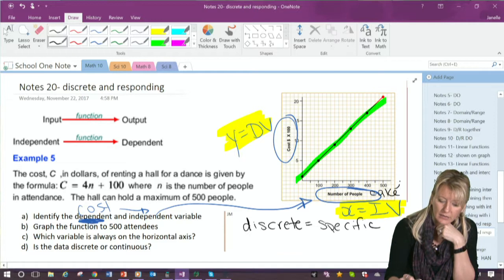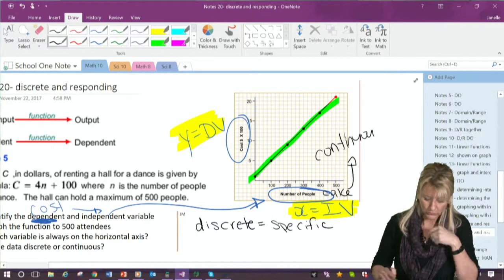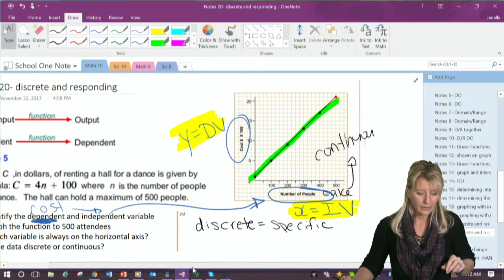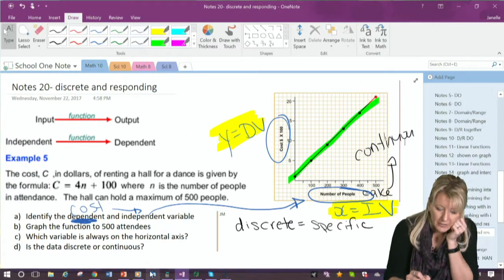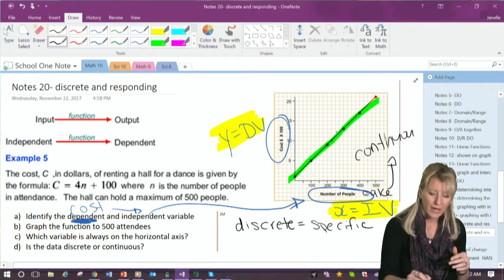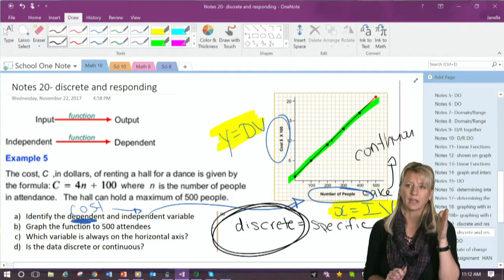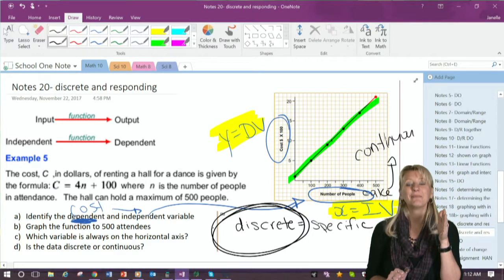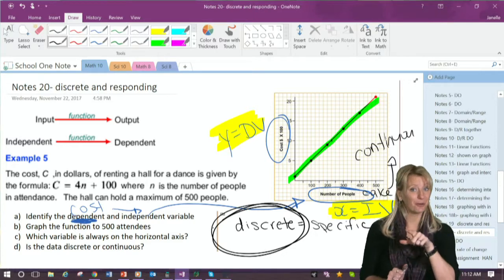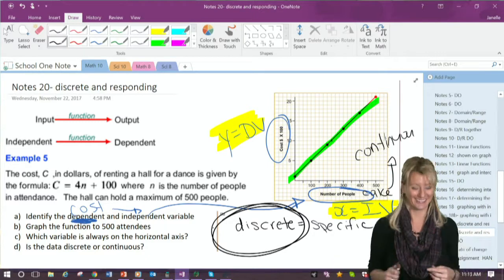So if I had a cake question, this would be continuous, because I could have numbers fitting in between all of these little tiny spots. But this question is discrete because it's very specific. She's still a whole person. We're not talking height, still a full human being.